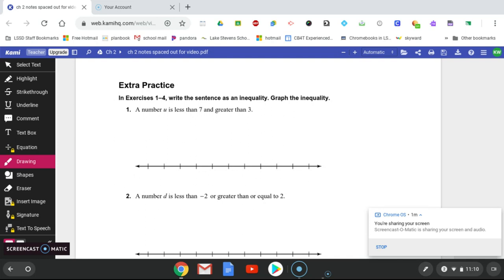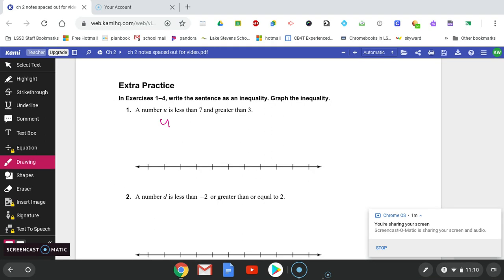Okay, we're going to write this sentence as an inequality, and then graph it. It says a number u is less than 7, and u is also greater than 3, with the word "and" in the middle. If we're writing an "and" inequality, we put our smallest number on the left, our biggest number on the right, and our variable in the middle.